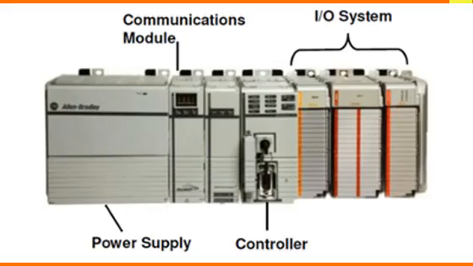So the advantage is that it is highly expandable. You can expand it according to the tasks to perform, and it is easy to maintain and upgrade. This is best for medium to large and complex automation systems.